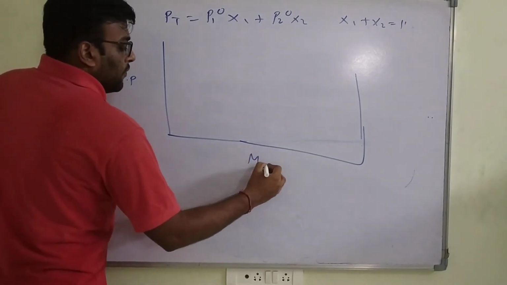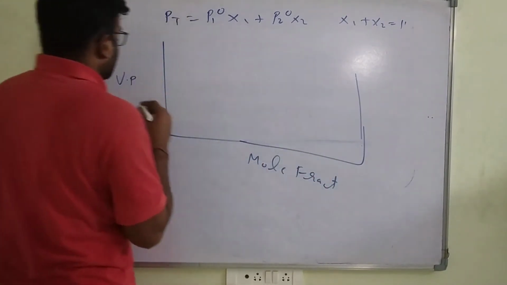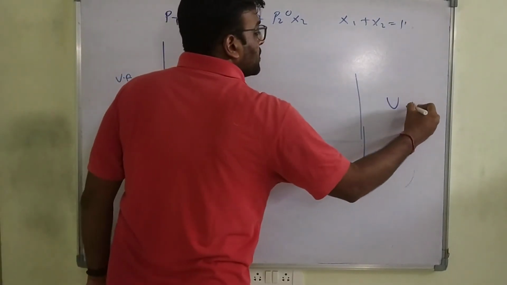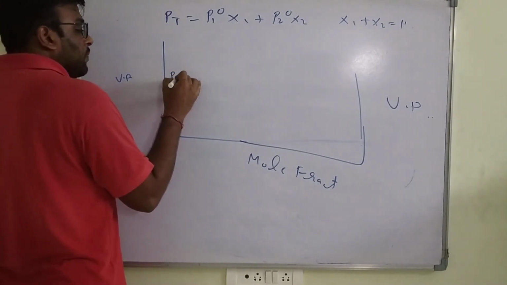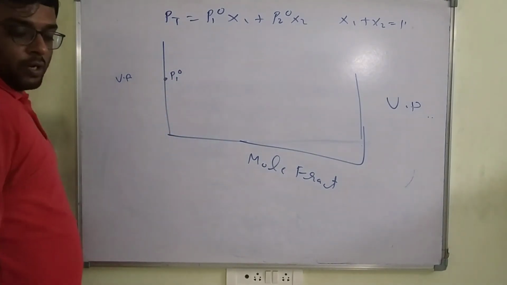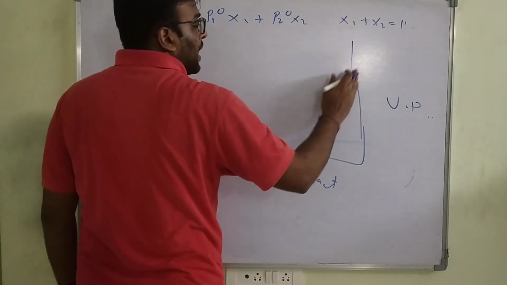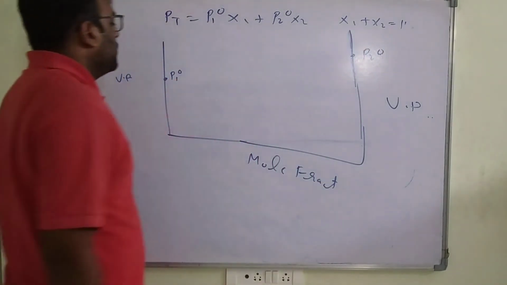This one is the mole fraction on both sides. This one is vapor pressure, this one is also vapor pressure, this is called P1 naught. Suppose P2 naught is higher as compared, you can take any higher value. I am explaining according to your textbook.